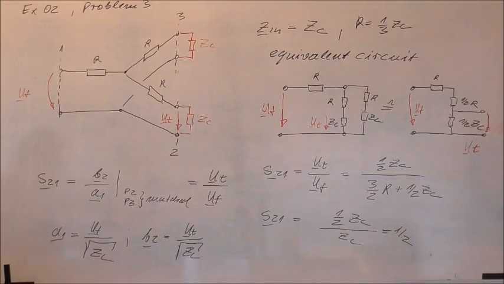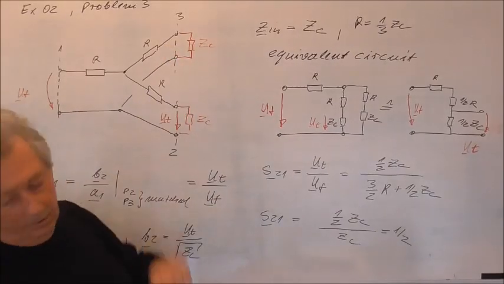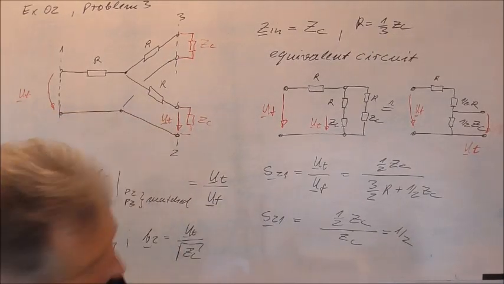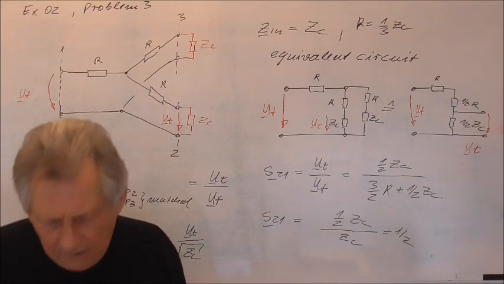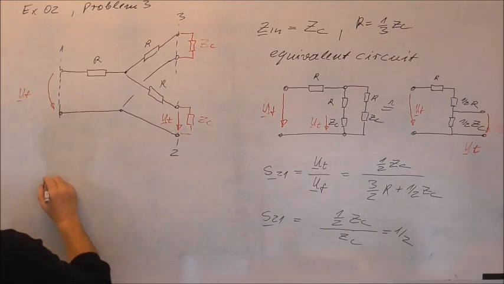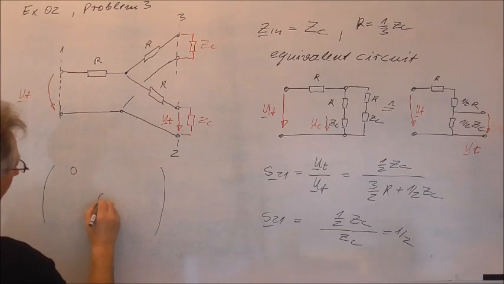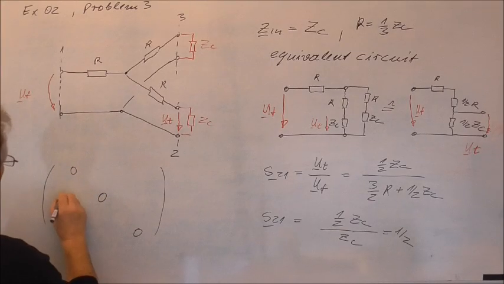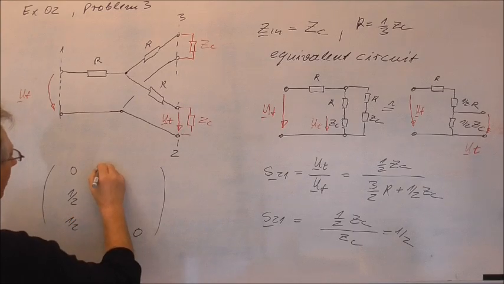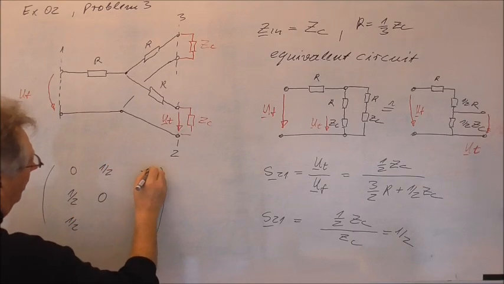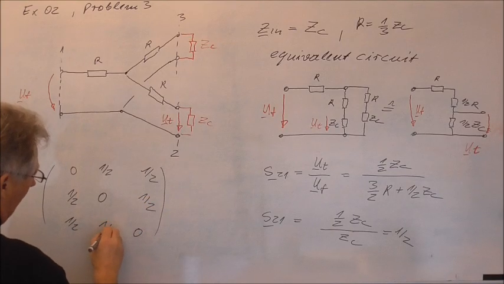So this will be now the parameter S21, and due to the rotational symmetry we now got the complete S matrix already. So the overall S matrix would look like this. We have here a 0, here a 0, and here a 0, then 1/2, 1/2, 1/2, 1/2, 1/2, and 1/2.